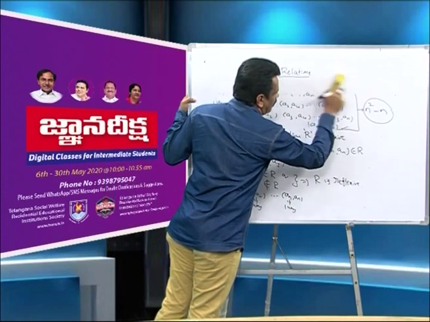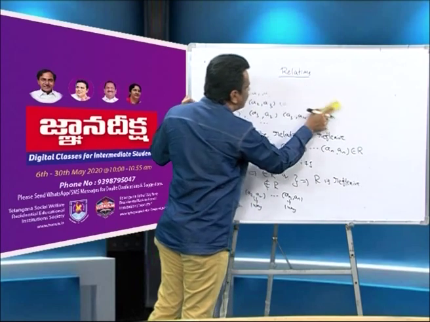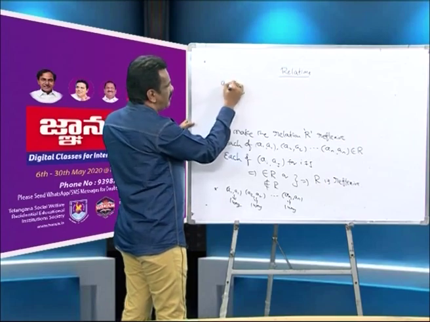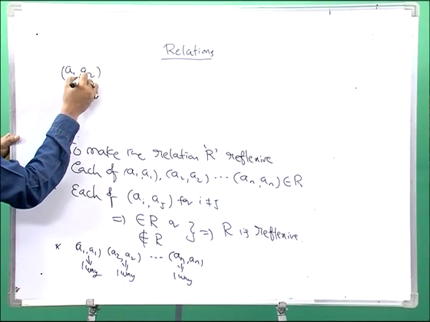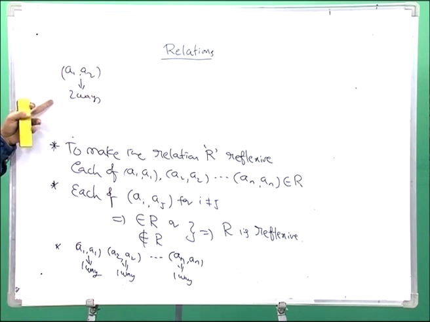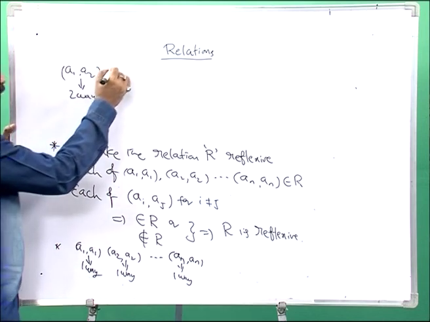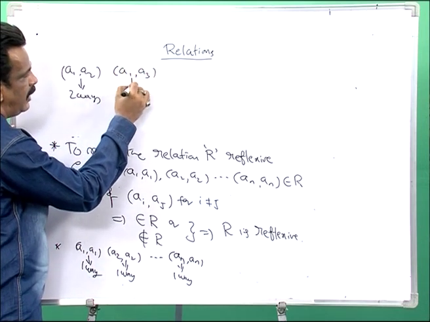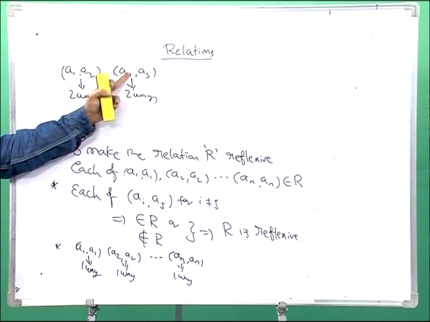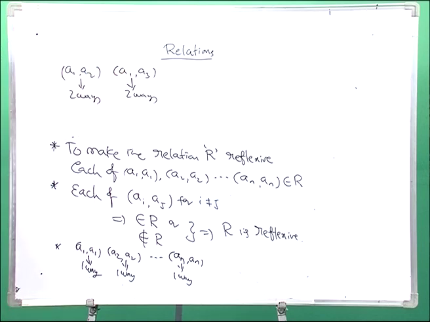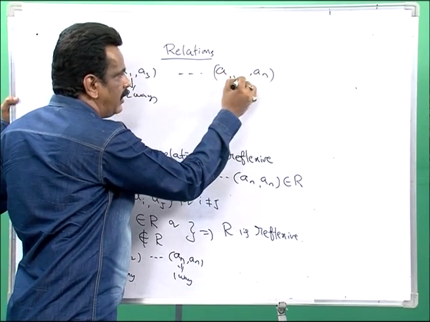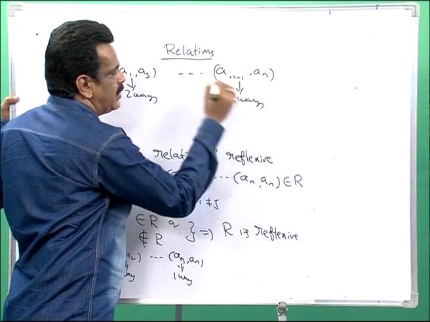The remaining part means we are talking about the remaining n square minus n ordered pairs. If you take A1, A2, it will have two ways. You may consider it in the relation, or you may delete it from the relation, and definitely the relation is reflexive. If you take A1, A3, it will again have two ways. It may be included in the relation or it may be deleted from the relation. Like that it goes up to AN minus 1 comma AN. Here also we have two ways.